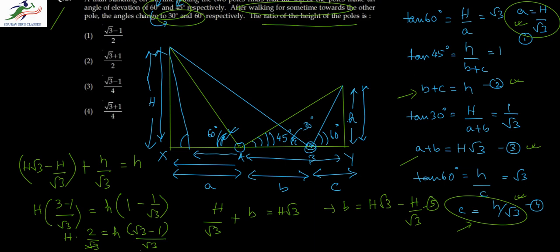So root 3 cancels, and I get the value of h by H is equal to root 3 minus 1 by 2, which is the answer. And we see in option 1 it is given as root 3 minus 1 by 2. So this is the correct answer.